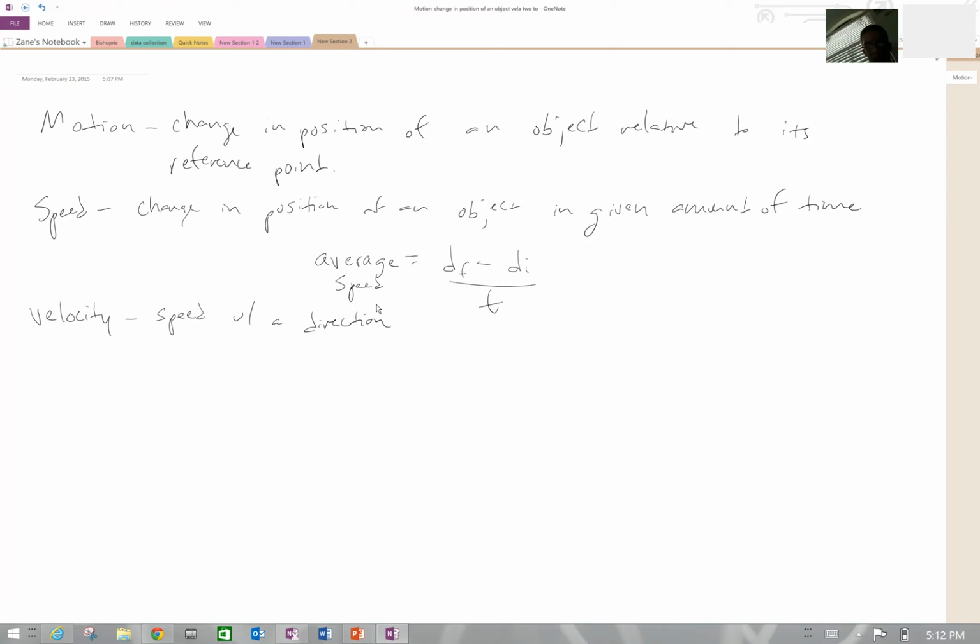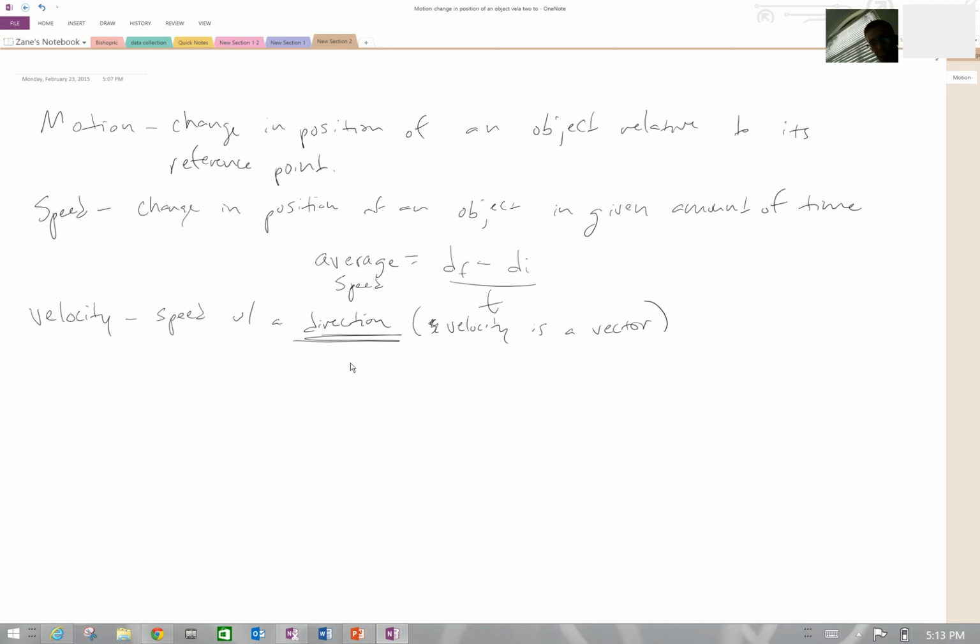Okay, velocity was the first of our vector quantities. Vector quantities depended on direction. Okay, so velocity is a vector because it depends on direction. Okay, the formula for velocity is the same as the formula for speed.